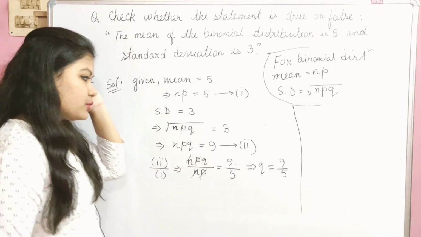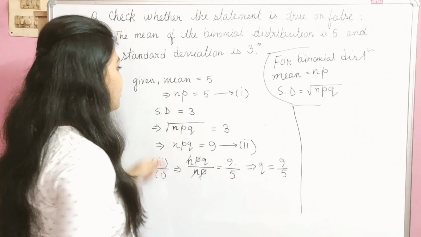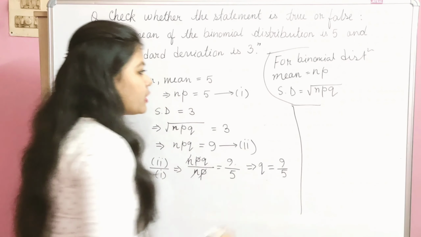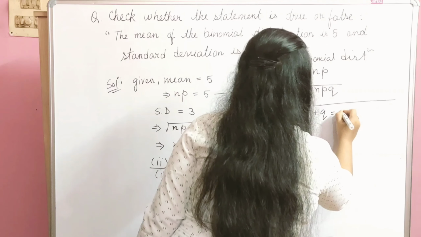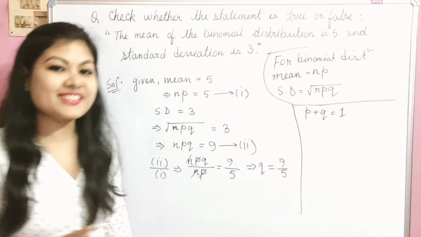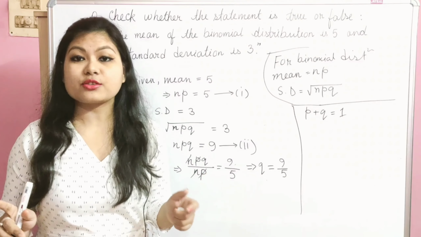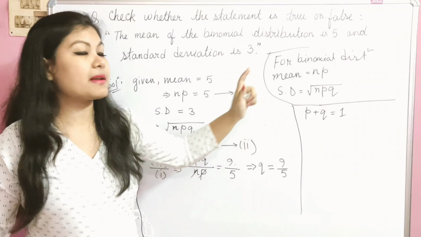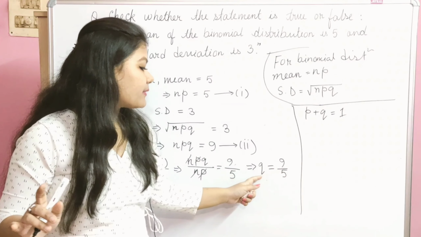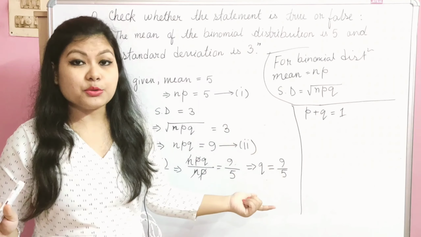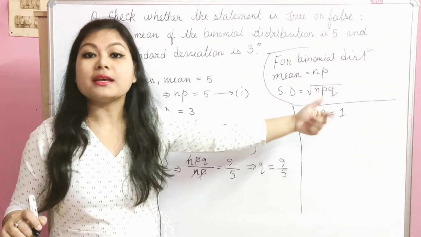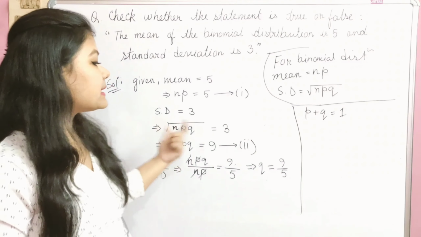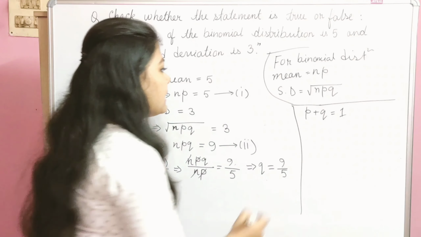Now we have got the q value, and we already know that for binomial distribution p plus q equal to 1. In case of binomial distribution, p plus q is equal to 1. We have already found the value of q. Therefore, if you substitute the value of q in this formula, we will get the value of p.